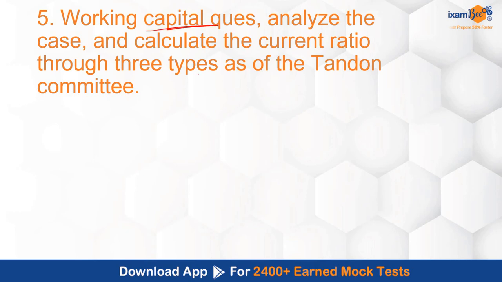working capital. There was a question where you had to analyze the case, and then again calculate the current ratio through 3 types as per the Tandon Committee. So you know this committee was established with the goal of developing proper guidelines for commercial banks in terms of follow-up and supervision and proper financial use of bank credit.